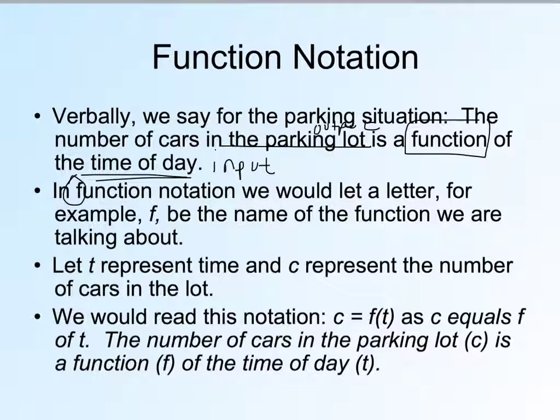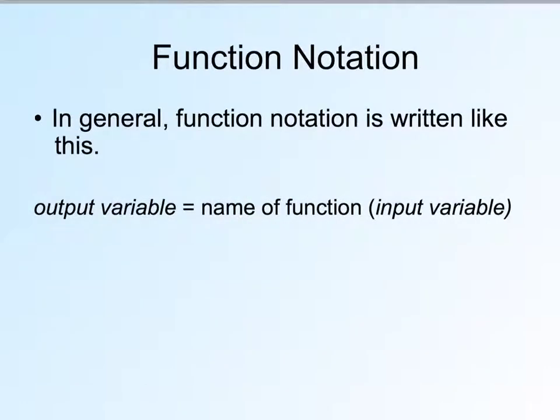We use a letter T to represent time and the letter C to represent the number of cars in the lot. So we would read this notation as C equals F of T. The number of cars in the parking lot, C, is a function of the time of day, T. So in general, function notation is written like this.